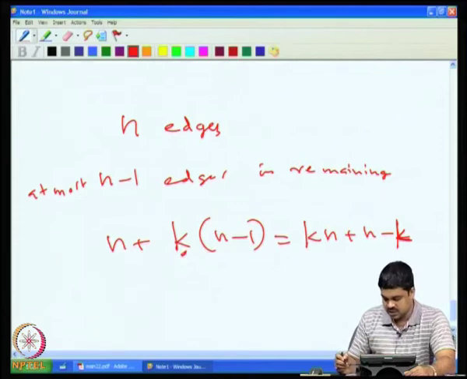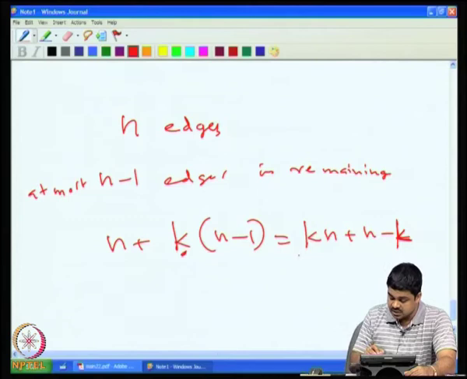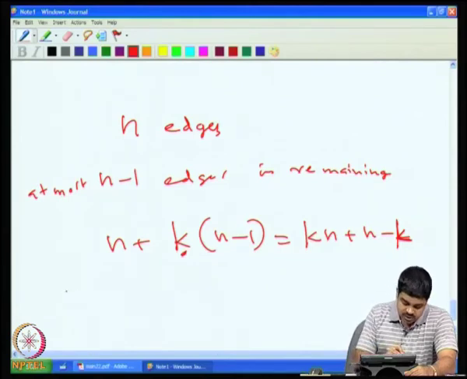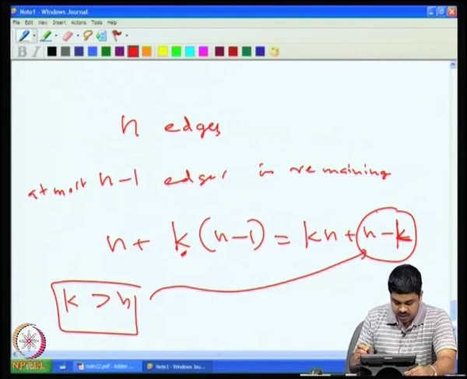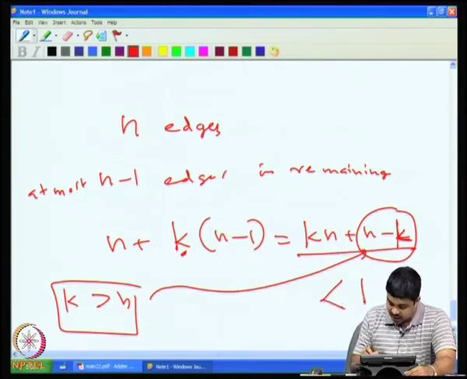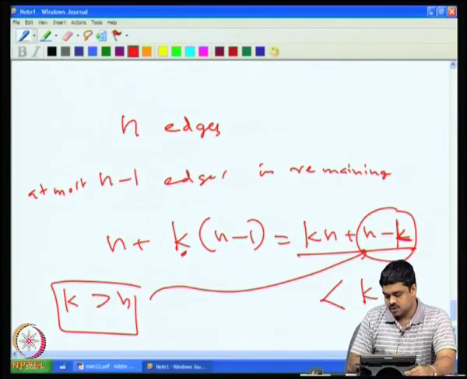Now suppose we have assumed that k is strictly greater than n, this would imply what? So this n minus k will be a negative number. So this together will be strictly less than kn. How can it be strictly less than kn?